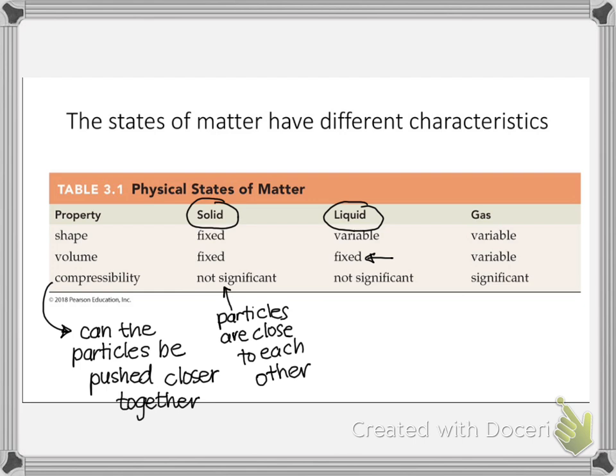So it maintains the 1 cup. It doesn't expand. We wouldn't like to cook if when we changed the containers, the volume changed. So the volume stays the same, but now the shape will change because the liquid, again, can flow and then move around each other. But again, because the particles are relatively close to each other, it does not have that much compression because they're still pretty close to each other.